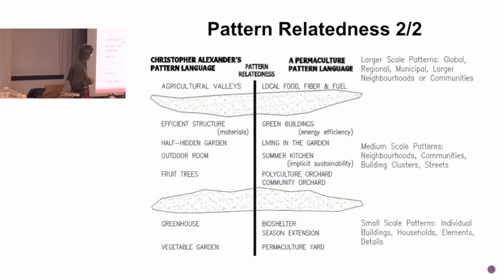He has another one called fruit trees, and that's just a great idea for having fruit trees outside your door, basically in the neighborhood somewhere. But we can develop more extensive patterns around fruit production than that, in terms of polyculture orchards, in terms of community orchards, and growing a lot of different plant materials in the same place, with the orchard being the dominant structure.